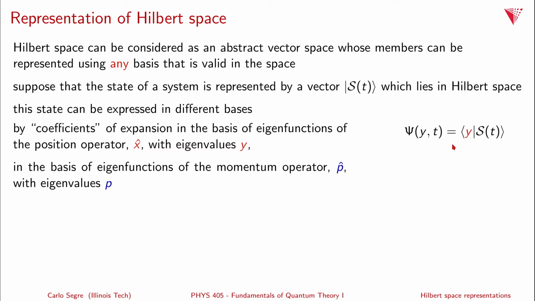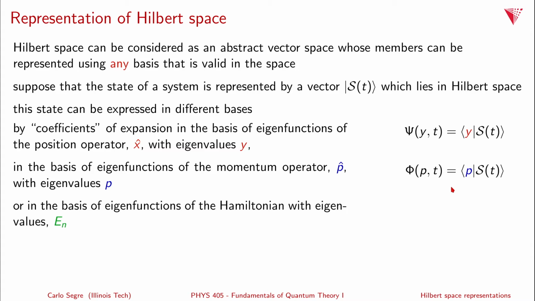Another way of looking at it is in the basis of eigenfunctions of the momentum operator p with eigenvalues p. And this would be phi of p and t is equal to bra p, ket S of t.